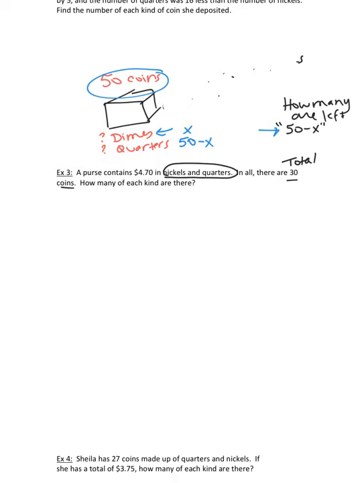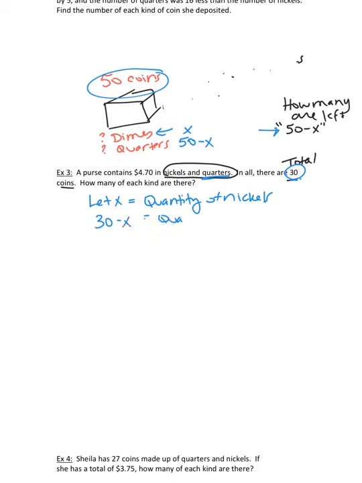So example 3 says, a purse contains $4.70 in nickels and quarters. In all, there are 30 coins. I don't know how many nickels or how many quarters, but I'm going to say let X represent the quantity of nickels. And quarters is going to be the total, 30 minus X, minus however many nickels there were.